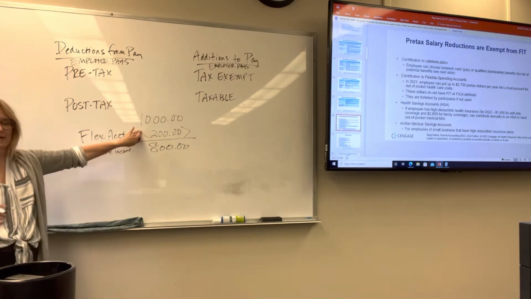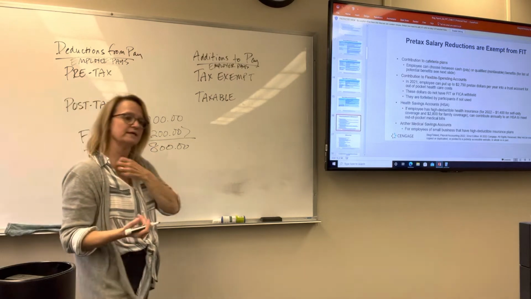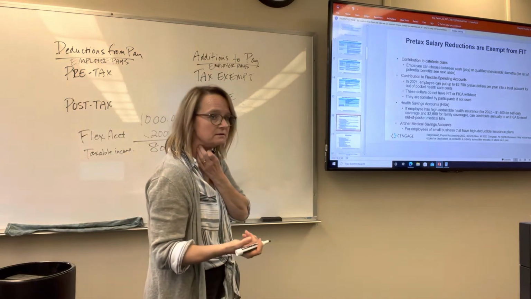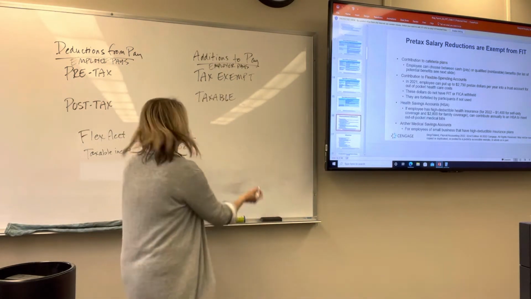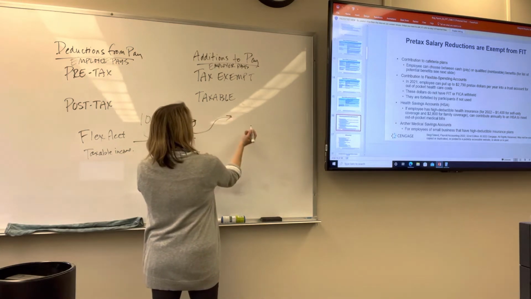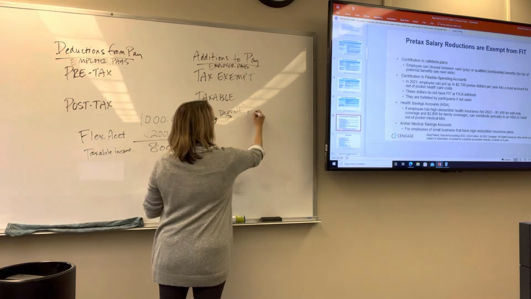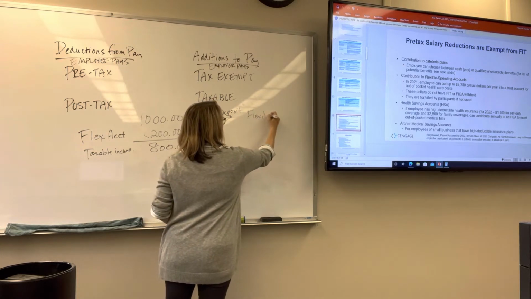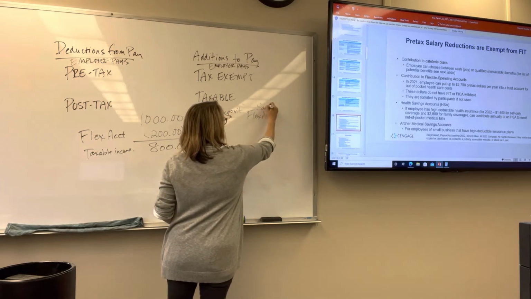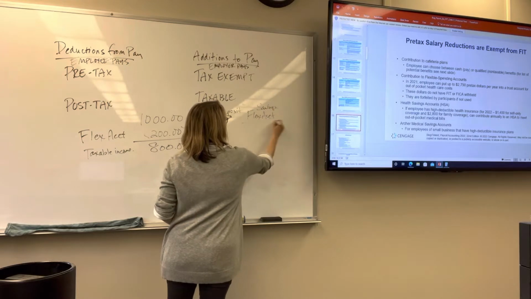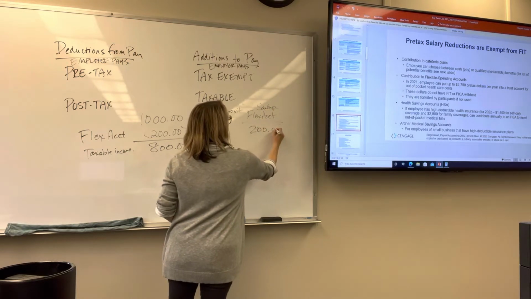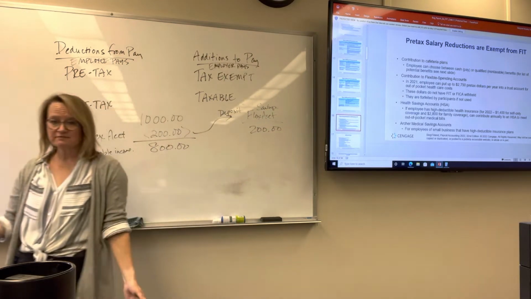So what happens with that $200? I just had $200 taken out of my paycheck. I still benefit from that $200 because it gets deposited to a flex spending account. This is like a savings account. And now I've got $200 in my flex savings account.